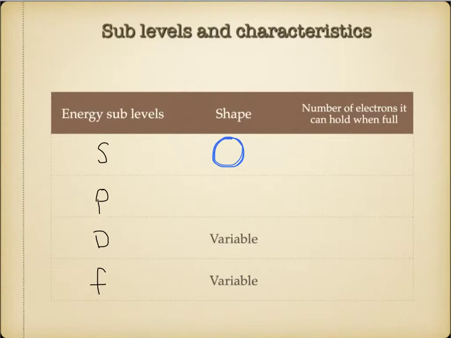So for each energy level, for n equals 1, n equals 2, n equals 3, they each begin with a sublevel of S. It's the lowest energy sublevel, so electrons go there first, according to the Aufbau principle. Electrons want to go where it's most energetically favorable for them.